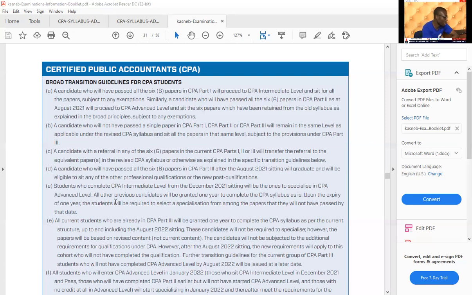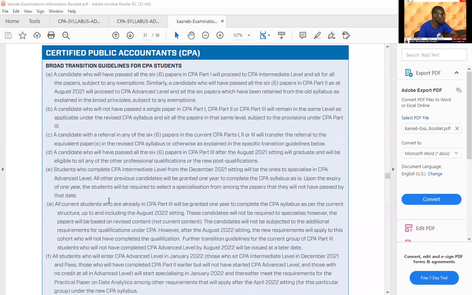Look at part E here. We are saying that students who complete CPA intermediate level from December 2021, and this is an area that I want you to concentrate on very well and master very well. We are talking about the students who have completed their intermediate level.